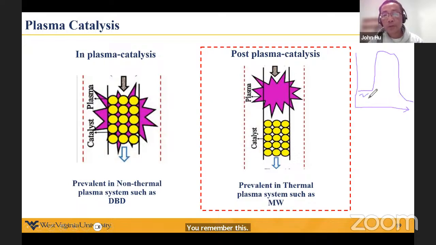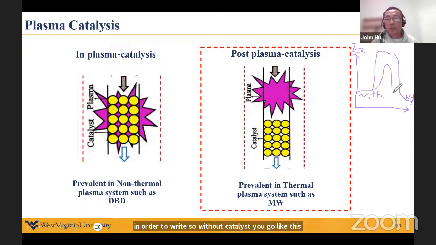This is basic N2. I'm going to type here, okay? So this is EA, and then it's N2 plus H2, and then this is ammonia, okay? So you have to cross the activation energy in order to react. Without catalyst, you go like this, and with the catalyst, you go like this, all right? This is catalytic.